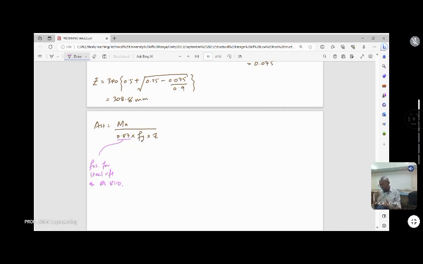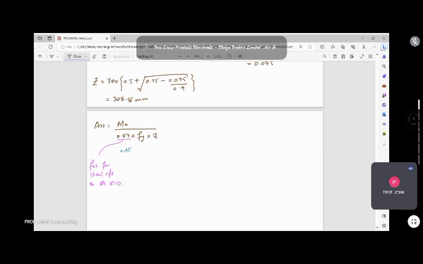So later on, the Britons, of course, revised BS 8110 to give us the BS 8110 of 1990 or 1995. And in that later version of the BS, they gave this number as 0.95. Effectively, what that meant is that initially we were putting a factor of safety to say that we are only using 87% of the yield characteristic strength of the steel.